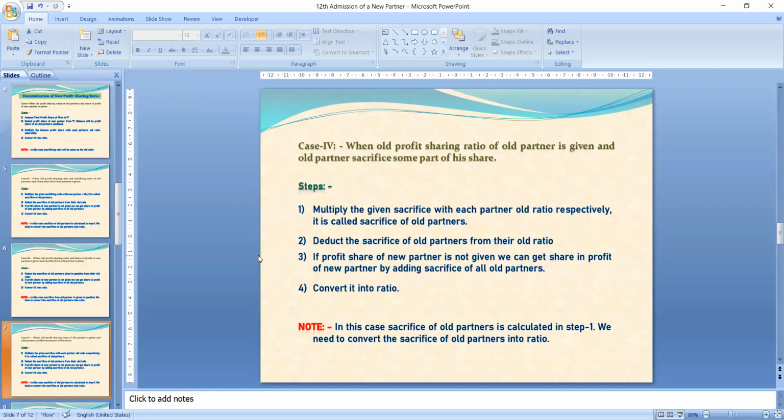So we are not required to calculate it again. Yes? Yes, sir. Is there any doubt in the new profit sharing ratio, sacrificing ratio, or gaining ratio? No, sir. Okay, so we can now move on to the next part, which is goodwill.